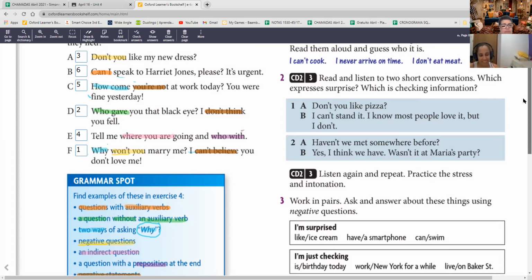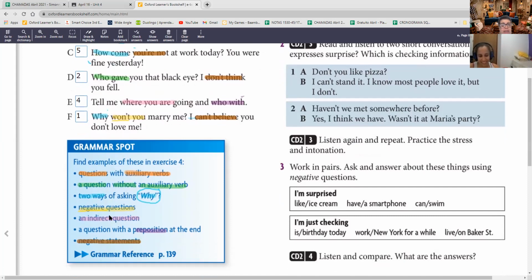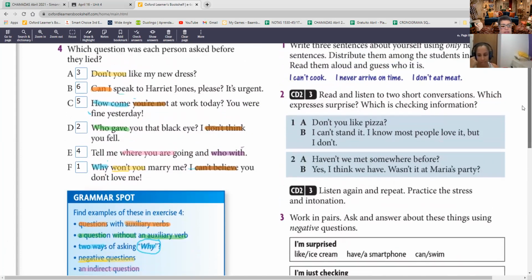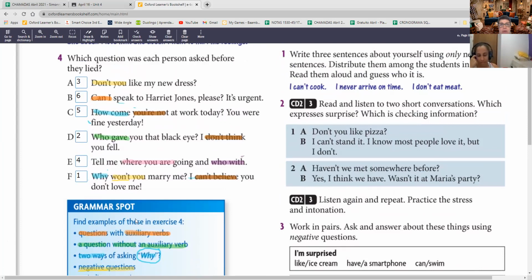So, negative questions. It's also possible to ask a question in the negative form. Look, we have here the examples in yellow. Okay, don't you like my new dress?